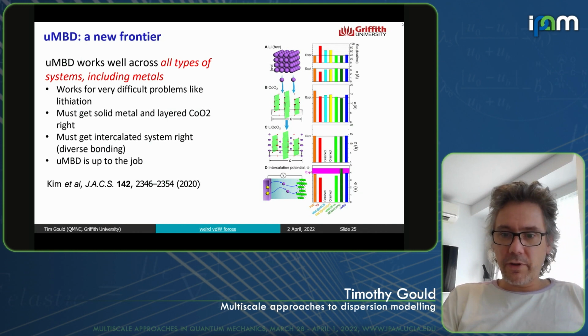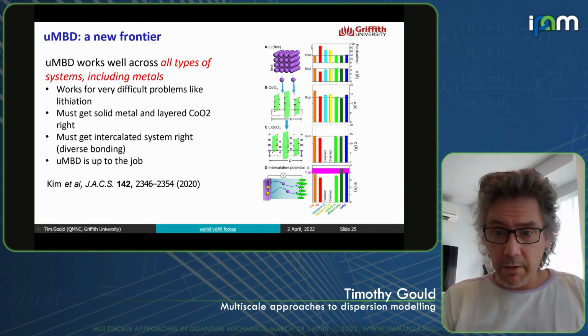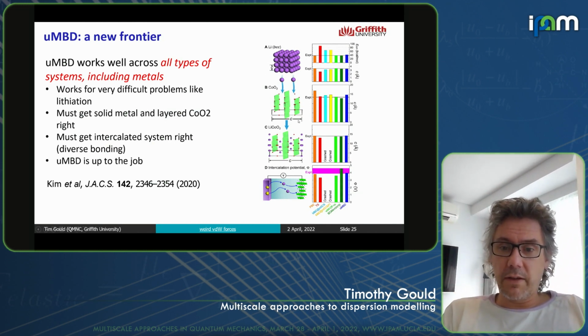And that lets us, for example, address this particular problem, which is a fairly typical materials type problem, where we're interested in lithium intercalation. So what we need to understand is bulk lithium, metallic, bulk cobalt dioxide, a layered material, and lithium intercalated in the cobalt dioxide.